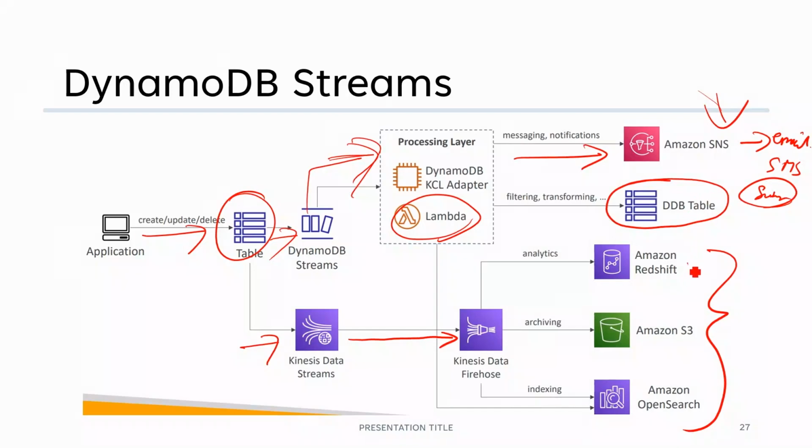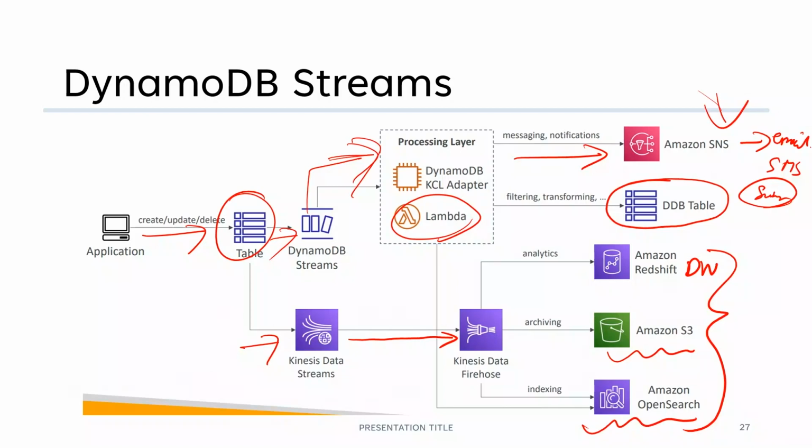Amazon Redshift is a data warehouse, so you can further process your data in the data warehouse like OLAP, online analytic processing. You can archive the data in Amazon S3, right? If you want to store the data for longer periods of time, you can archive it in S3. Or you can do more indexing, more searches using OpenSearch, and it is actually the successor of Elasticsearch. Previously it was known as Elasticsearch.